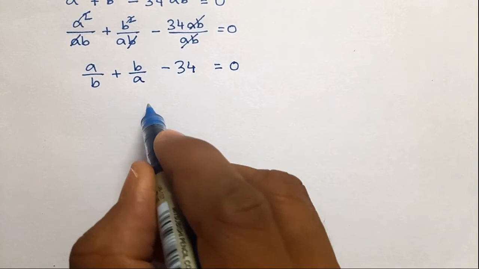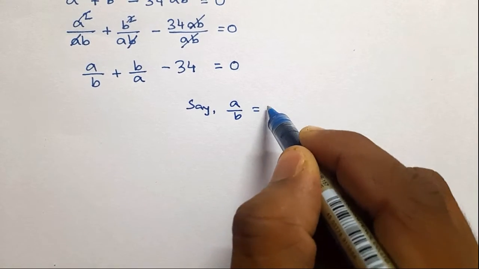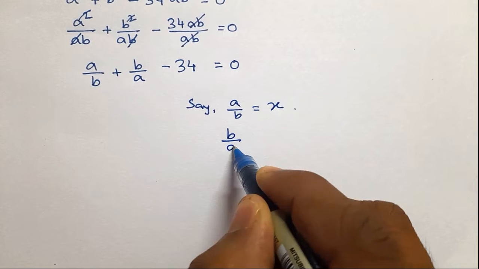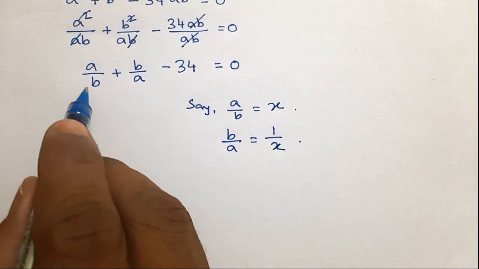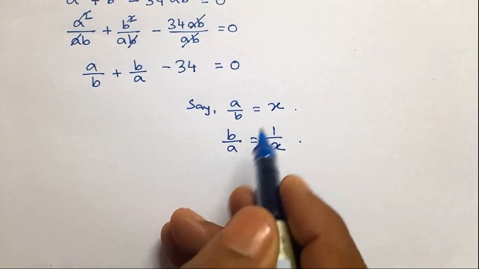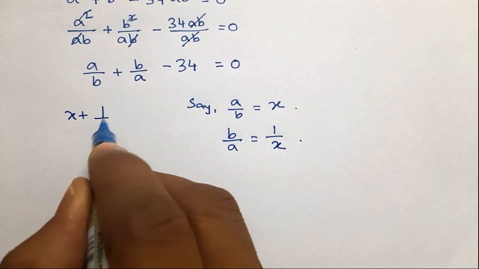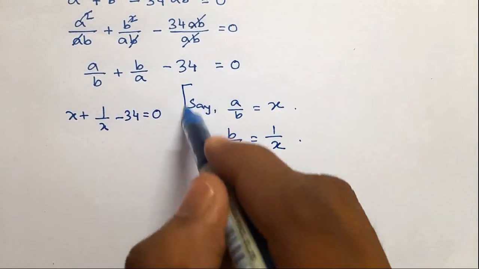Now if we consider a by b is equal to x, then we can write b by a is equal to 1 by x. So our equation becomes a by b is replaced with x plus b by a is replaced with 1 by x minus 34 is equal to 0.